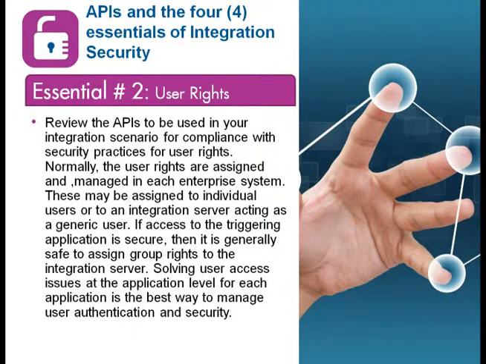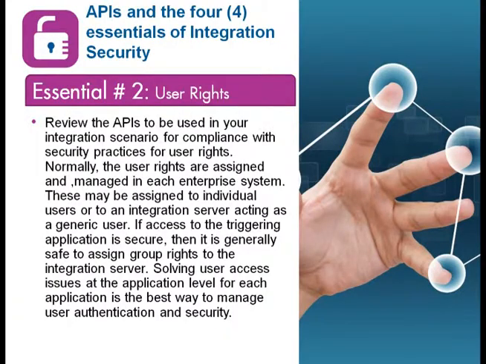Now let's look at essential number 2, user rights. Remember, you'll need to review the APIs in your integration scenario for compliance with security practices for user rights. Normally, the user rights that are associated with each system are assigned in that system separately. These may be assigned to individual users or to an integration server itself, acting as a generic user, if you will.